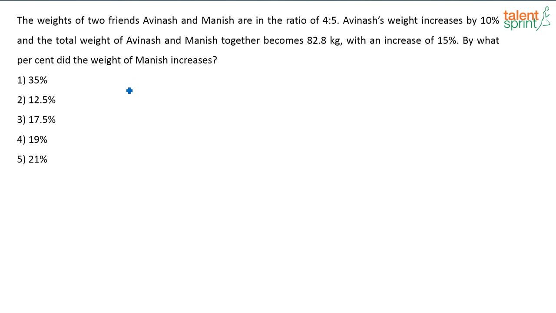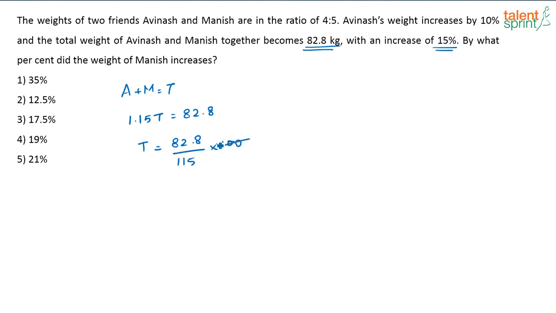So, if the total weight of Avinash and Manish earlier was T, now what has that become? That has become 1.15 T, right? Basically, it becomes 82.8 kg with an increase of 15%, correct? So this is nothing but 82.8. So, what is T? What is the total weight of Avinash and Manish earlier? It is nothing but 82.8 divided by 115 into 100, correct?